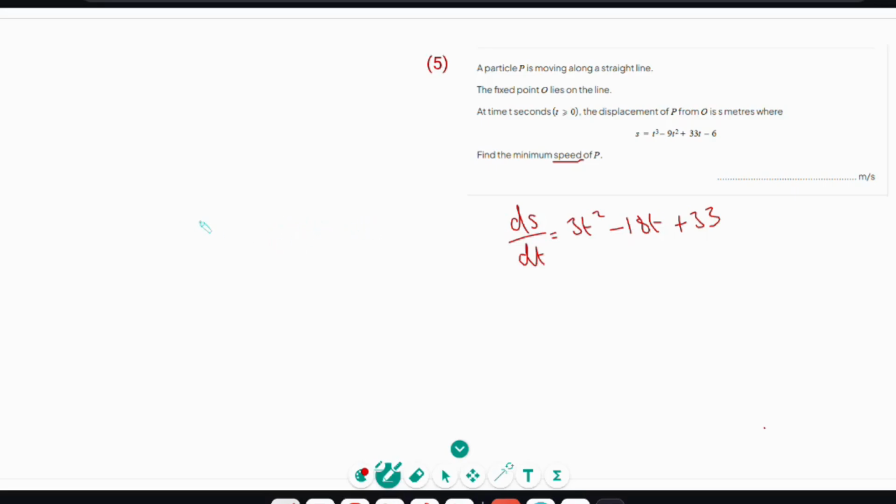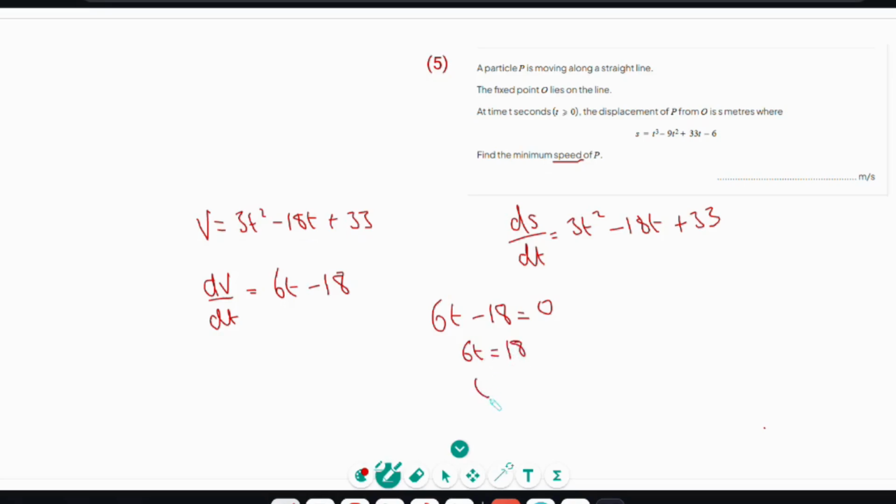So we need to differentiate our equation for velocity and put it equal to 0. Add 18 to both sides, divide both sides by 6, which gives you t is 3.